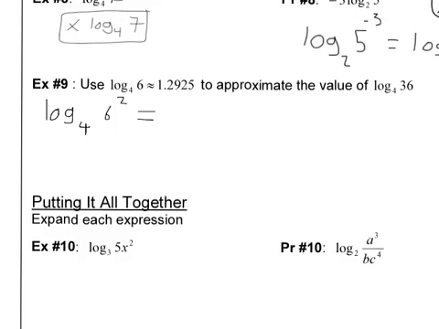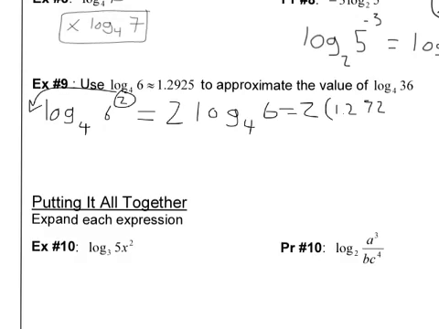So I'm going to write log base 4 of 36 as log base 4 of 6 squared. And then I know that I could just bring this exponent out in front. And so I'm going to write that as 2 log 4 6. And I already know what log base 4 of 6 is. It's going to be 1.2925. So all I have to do is double this whole thing, and I have my answer.